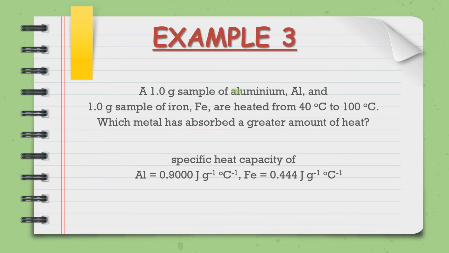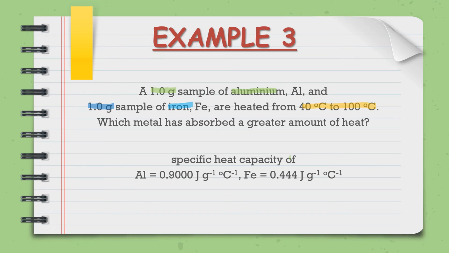First, we have aluminium. The second one, here we have iron. The mass of aluminium is given as 1 gram and the mass of iron is also given as 1 gram. And then both metals are heated from 40 degrees Celsius to 100 degrees Celsius.